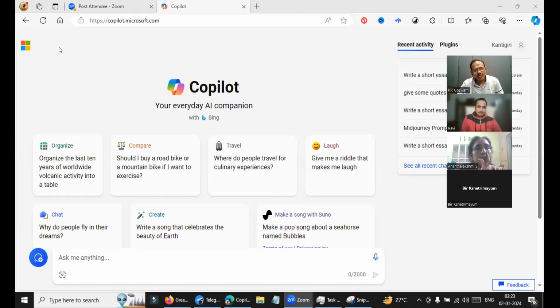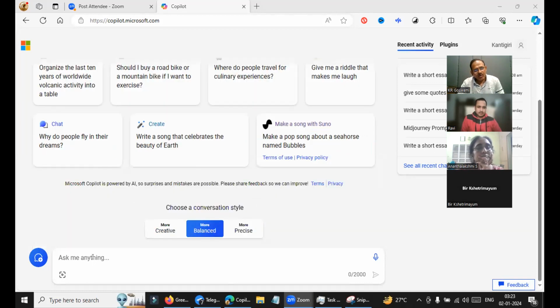Yes. So this is about Copilot IO that is introduced by Microsoft. It is just like ChatGPT, and whatever you write in the prompt, it will give straight away, and it will also allow you to save the data.